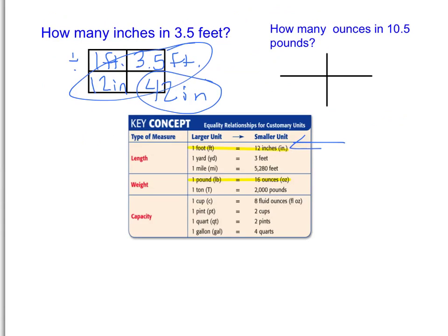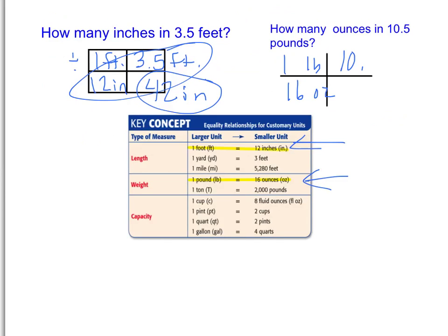Always make sure that it makes sense. How many inches are in 3.5 feet? 42 inches. That makes sense. Let's do our next one. How many ounces in 10.5 pounds? So there's my pounds and my ounces. 1 pound and 16 ounces. Okay, so I've got 10.5 pounds.